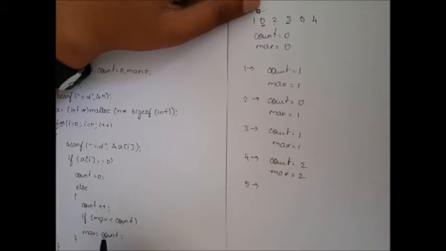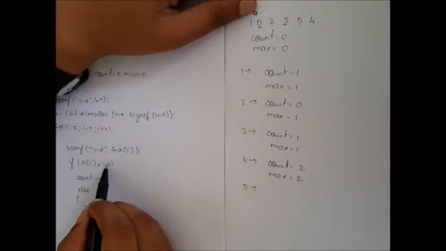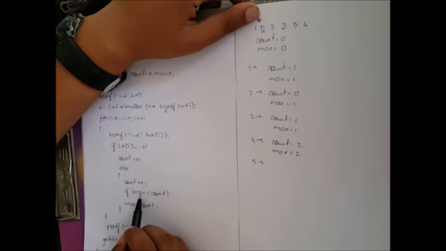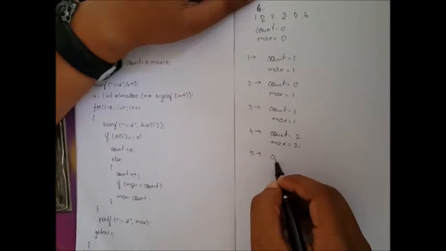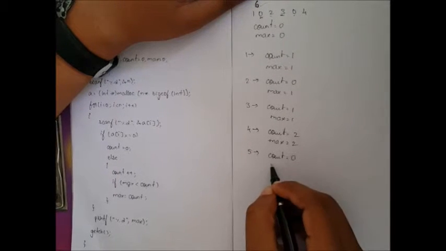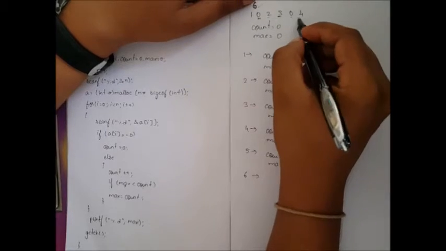Fifth case, the element is 0. So if the element is 0, count equal to 0. Here max, that is 2, is not less than 0. So count would be 0 and max equal to 2. Sixth one, the element is 4.